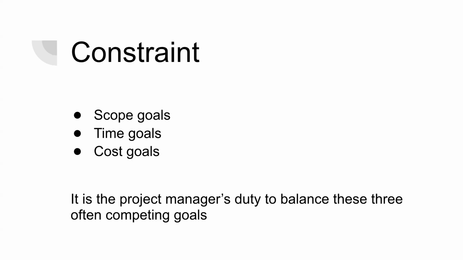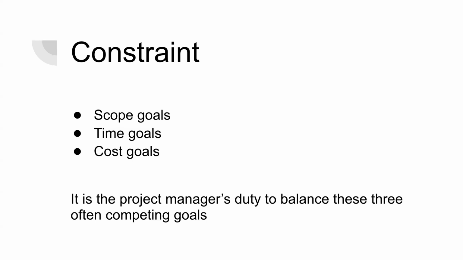And the next thing is the time goals. How efficiently, how fast can we give these things. And the last one is the cost goal. How much it would cost us to build this, or how much money it will need to make the project cost effective. So this is what we call the triple constraint.